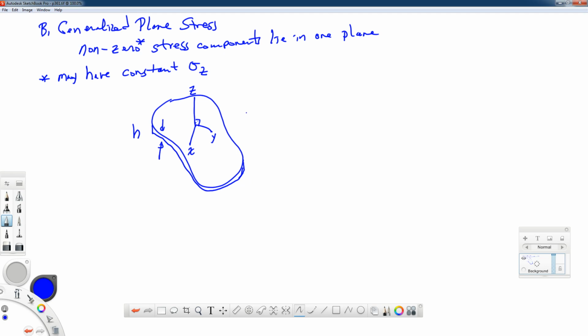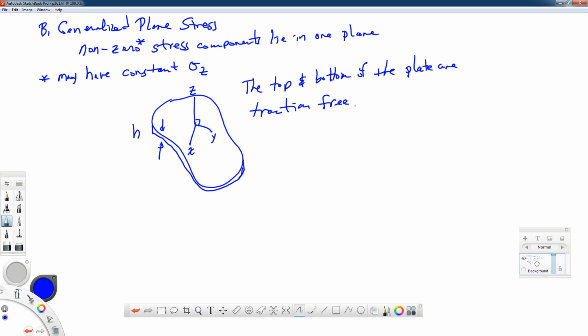Okay. So we have surfaces on the top and bottom of the plate, and these surfaces are traction free. Okay, so there's no stresses on the top and bottom surface, although like I mentioned, we could have a constant sigma z, and we'll get to that in a moment.